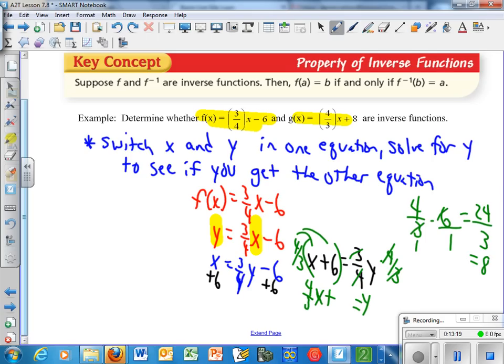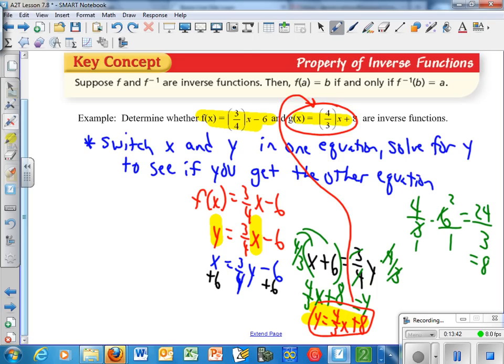You could reduce first, 4 times 2 on top would be 8, but we get 8 there. So it's y equals 4/3 x plus 8. And notice what we got there is the same as this function g of x, 4/3 x plus 8. So yes, they are inverses.